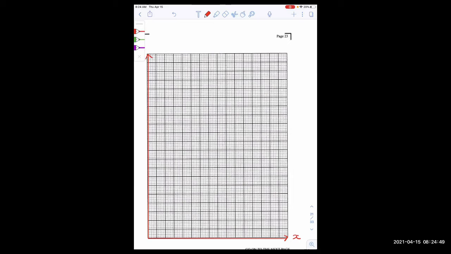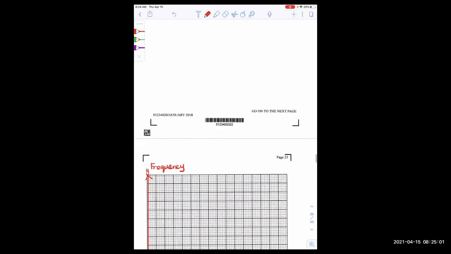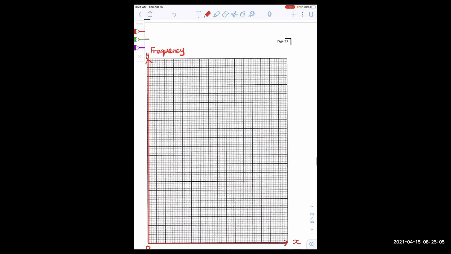This is frequency, and this is the y. Here is point 0. So from our question, 1 cm represents 1 unit on the y, and we go all the way up to 15.